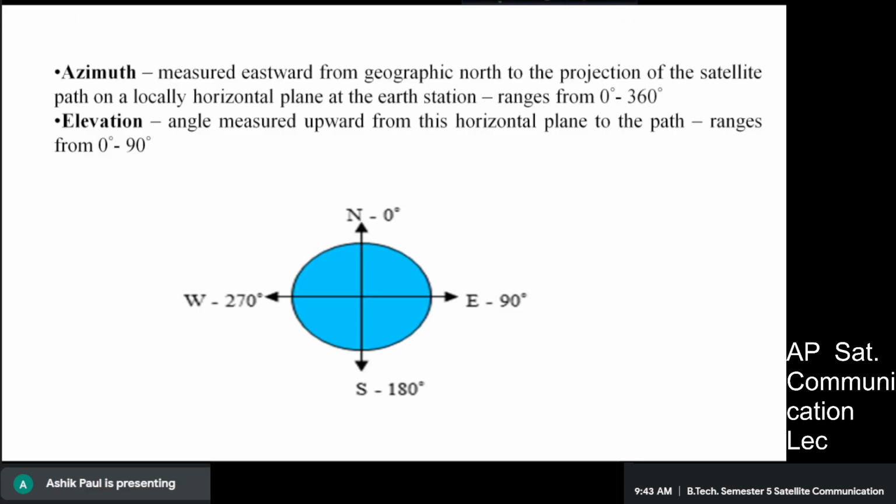Moving ahead, when we try to define the two coordinates which are commonly used in satellite communication, namely azimuth and elevation, here also we should try to understand what they actually mean, just like we understood right ascension and declination.